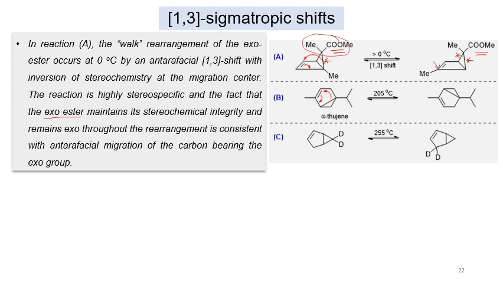All of these are 1,3 shifts, and in each case there is an inversion of stereochemistry with respect to the migrating center because it is an antifacial migration, which indicates that the CO2Me group will always remain exo with respect to the bicyclic system.